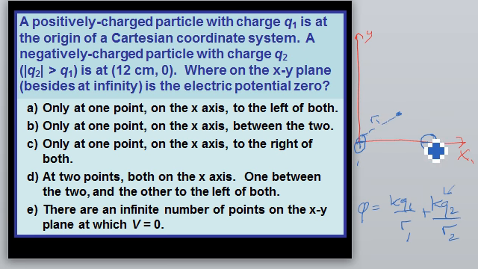The distance to the negatively charged particle, the one that has charge Q2, is my R2. Now one of these terms is positive and the other is negative, and I need for them to add up to 0. I'm looking for places where they add up to 0 on this plane, so on the plane of the page.